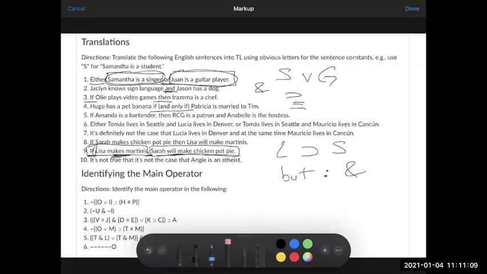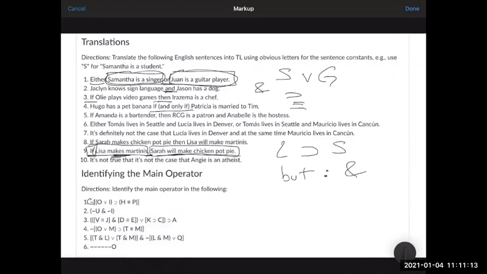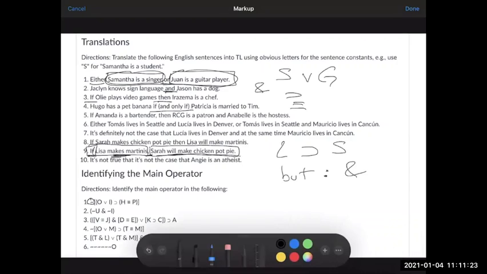So if you're doing this problem, all you would have to do is circle the main operator. So there you go. Okay, let's do two more of these, and then I'll let you do the rest on your own.